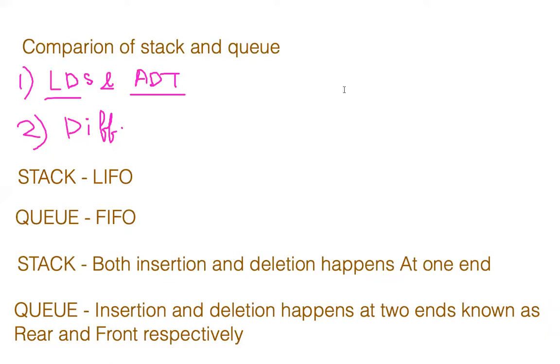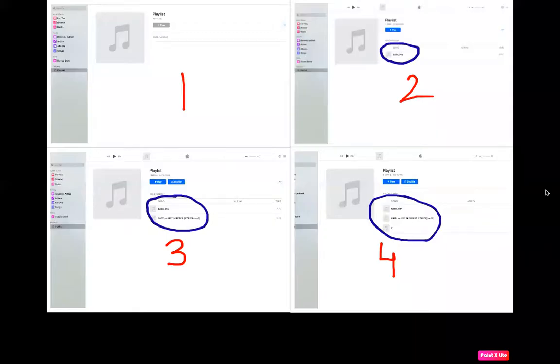Now let us see where queue is actually used in the computer system. There are many applications of queue. I will show just a small example. This is my music player and I have created a playlist, which is initially empty. You have all gone through this, so you can relate to it.